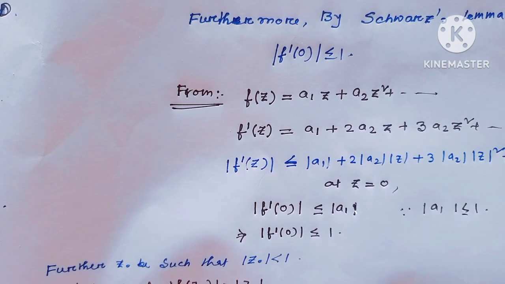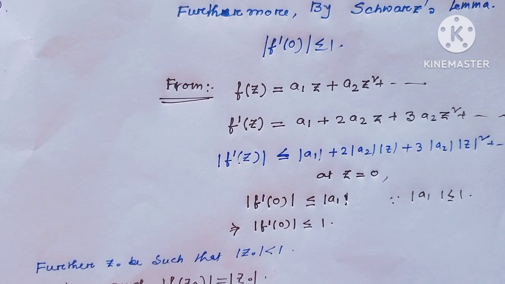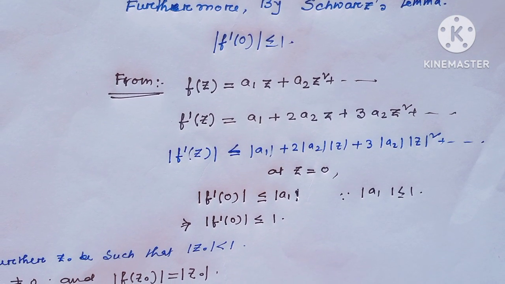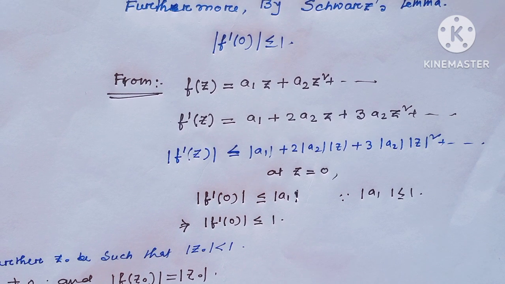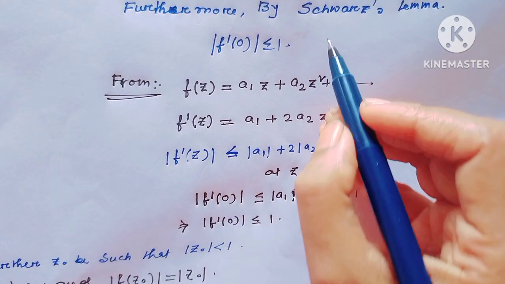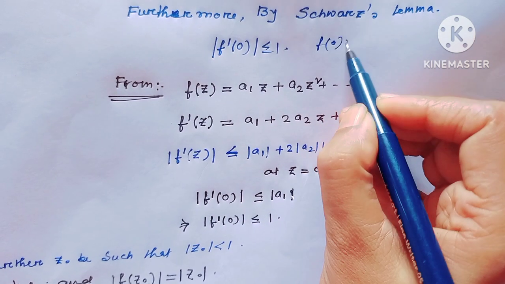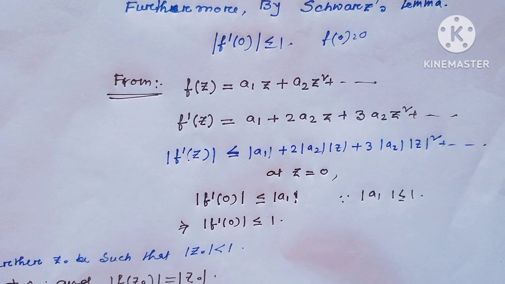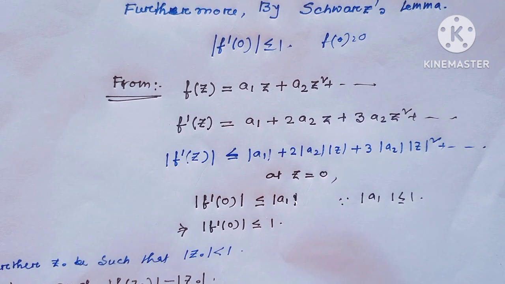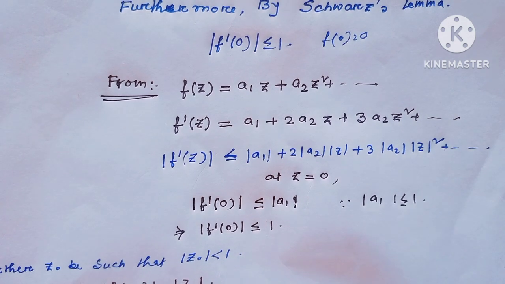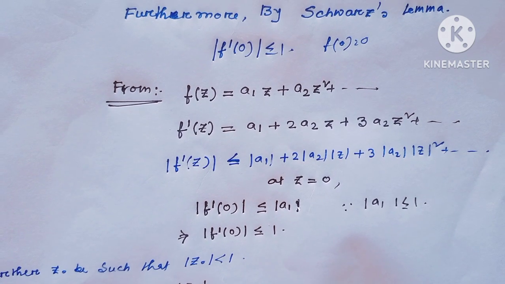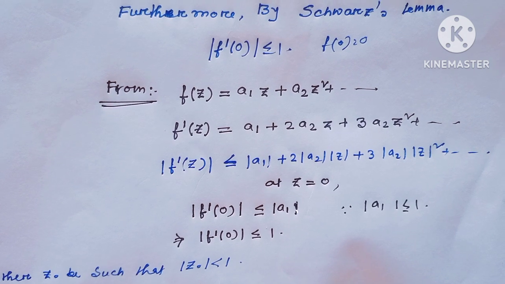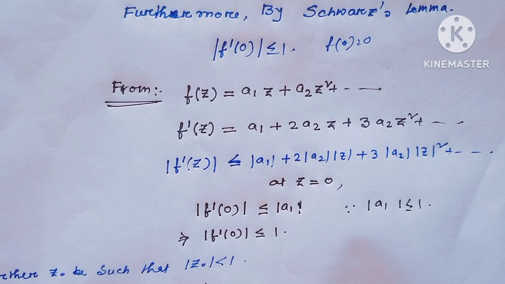Furthermore, by Schwarz Lemma we can tell the absolute value of f prime 0 is always less than or equal to 1, because since here f(0) equals 0, f(z) equals a1 z plus a2 z squared, and so on, where a1 means f prime 0, a2 means f double prime 0 over 2 factorial, and so on.